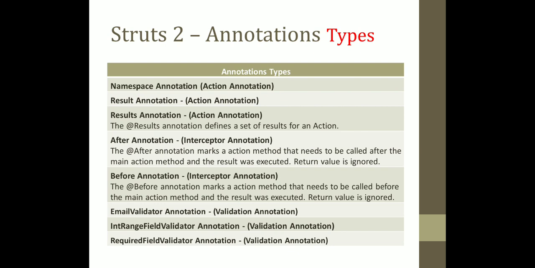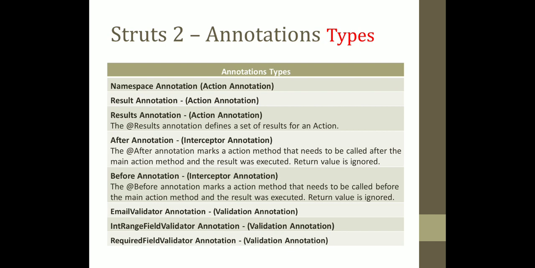And the previous three were action annotations. In the Before annotation, the @Before annotation marks an action method that needs to be called before the main action method and the result is executed. So the return value is ignored.